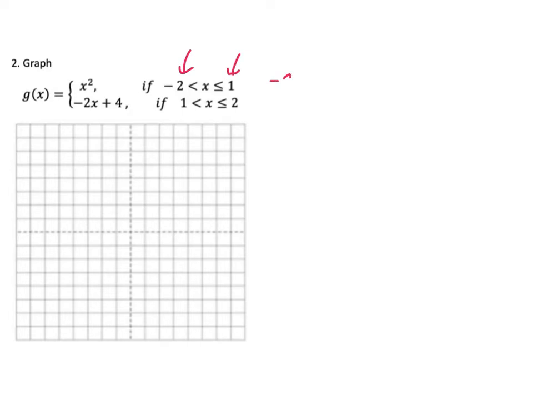So when I do, I would get (-2, 4) and (1, 1). Now, this one will be an open circle, and this one will be a closed circle because of the inequality less than and less than or equal to. So I'm going to graph those two ordered pairs. (-2, 4) will be an open circle, as I just stated, and (1, 1).